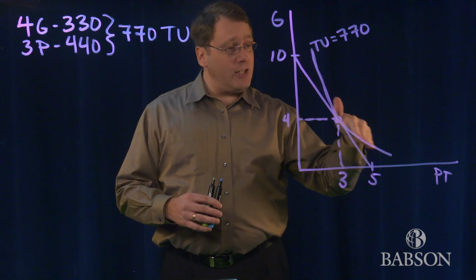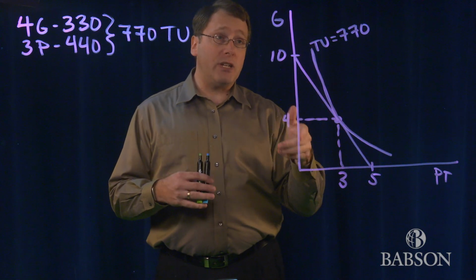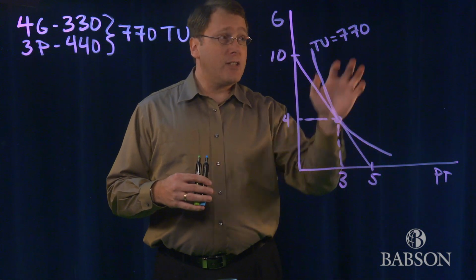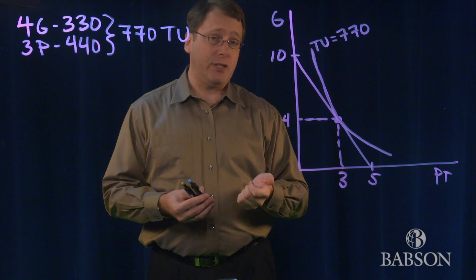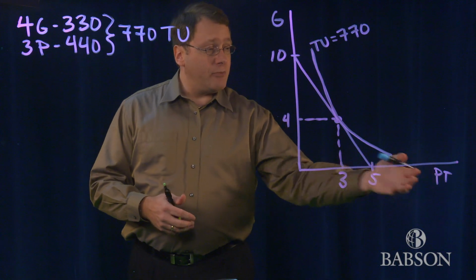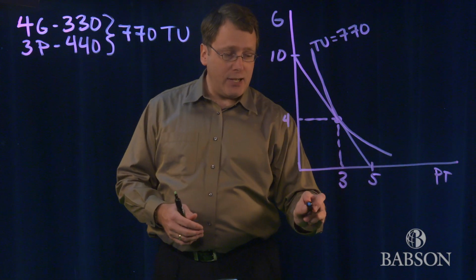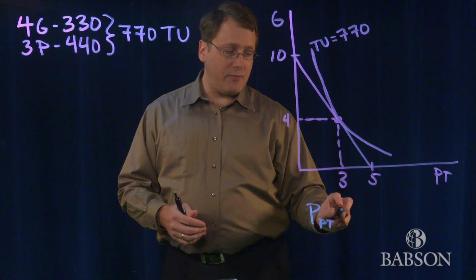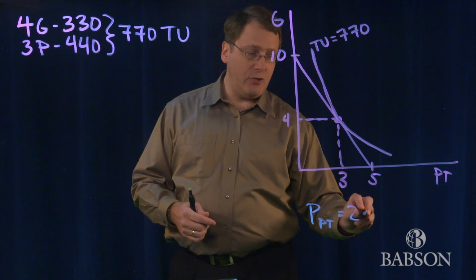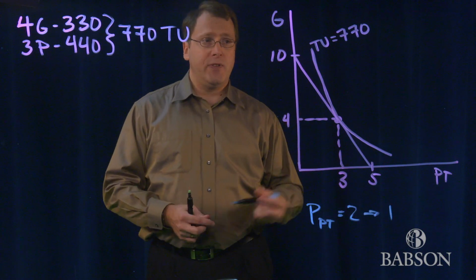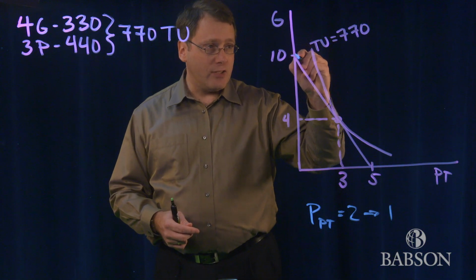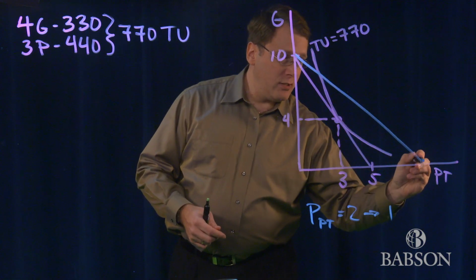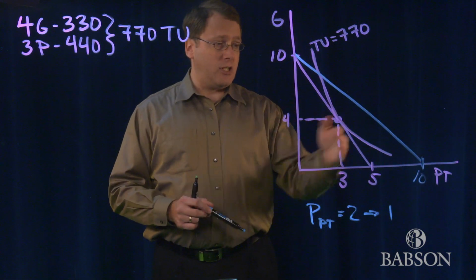And we can look at then the indifference curve, all of the combinations of granola and Pop-Tarts that give us that same level of total utility. Last time when we talked about the income effect, we asked the question, what would happen if, say, a Pop-Tart went from $2 to $1? And we saw that that would cause the budget constraint to move outward, and it rotates out.